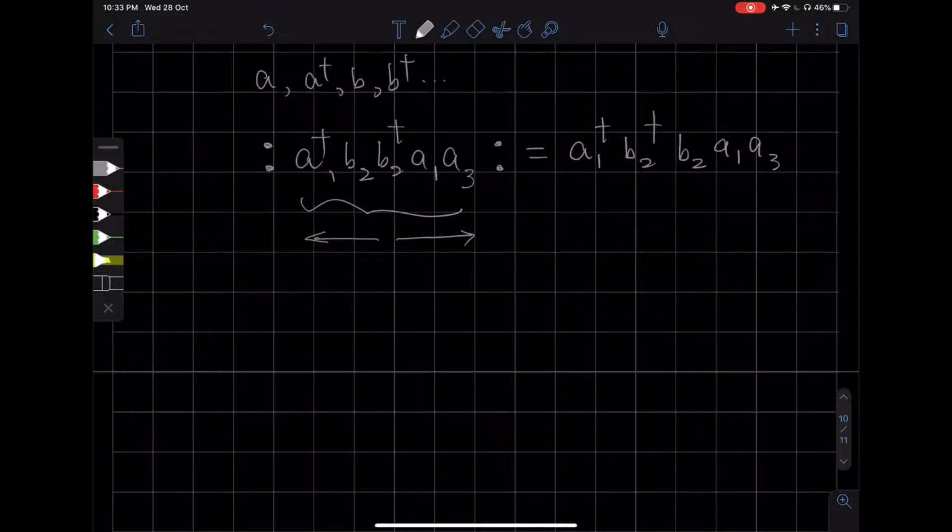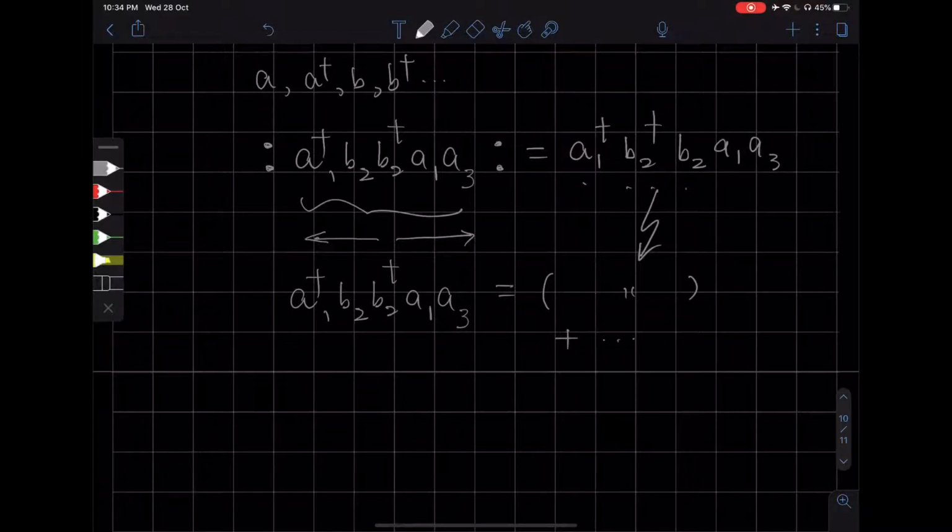So let's take a minute. What would happen if you didn't have normal ordering? Suppose we just had this product of operators and we wanted to express them in a way such that the ordering was something like this. Then we would have to use their commutation relationships. And so what we would get on the right-hand side is this term, but in addition to this term, we would get a lot of other terms, which result from the commutation relationships between these operators.